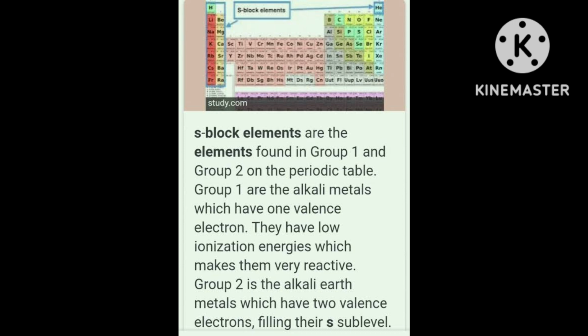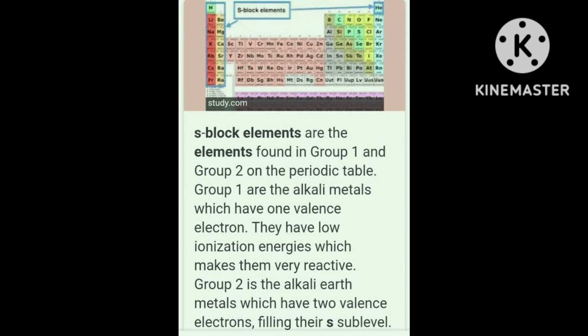Hence, they combine with other elements and are found in combined state. After losing the electrons, they form monovalent metal ions. Hence, they are never found in free state in nature.